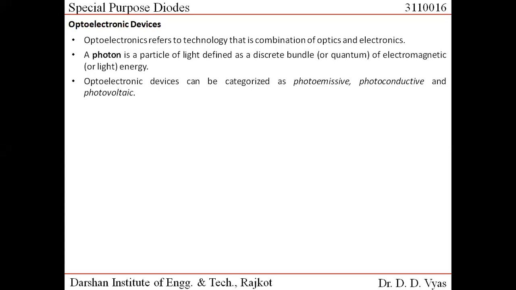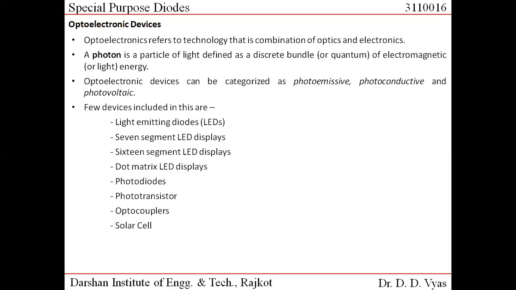And the third category, photovoltaic devices, are the devices which basically generate electric quantities like voltage and current from light.